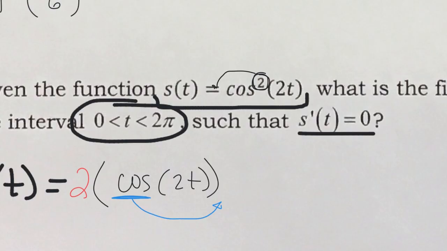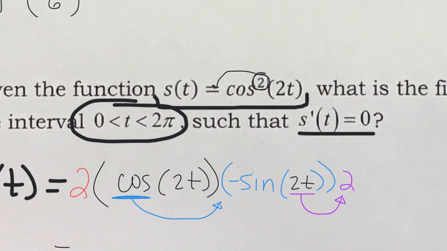The derivative of cosine is negative sine, also of 2t. Our parenthesis hasn't changed yet. We've just taken the derivative of cosine. And now our last thing to do is take the derivative of 2t. And the derivative of 2t is 2, multiplier of 2.